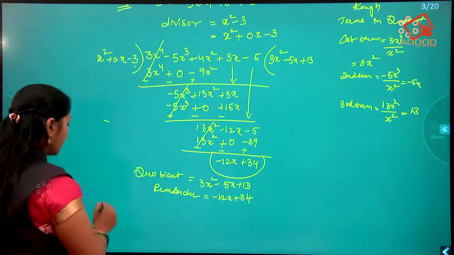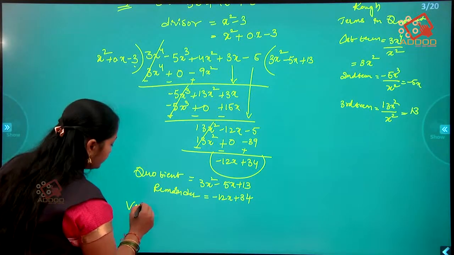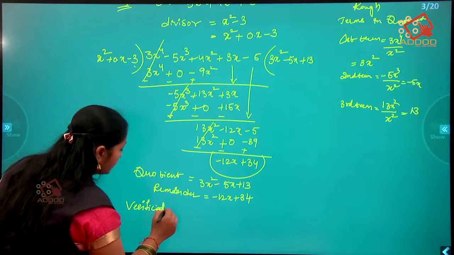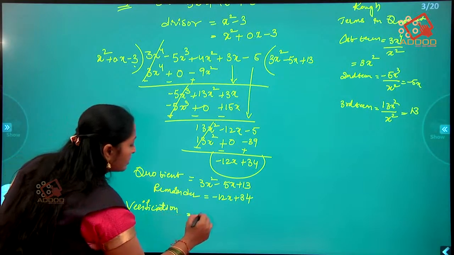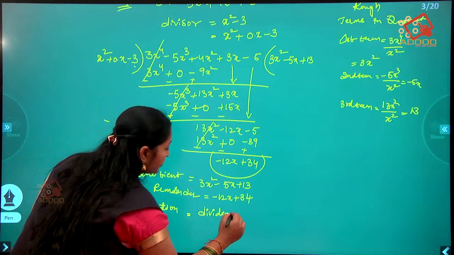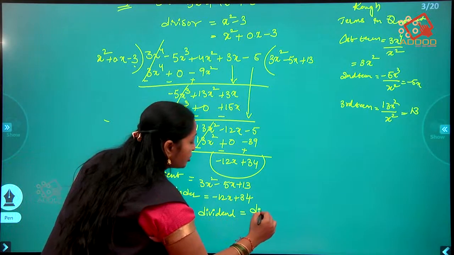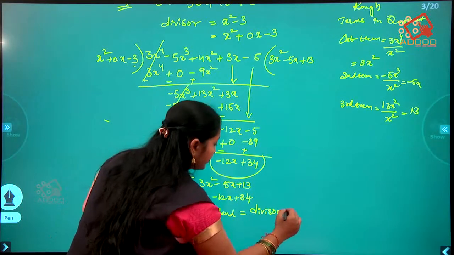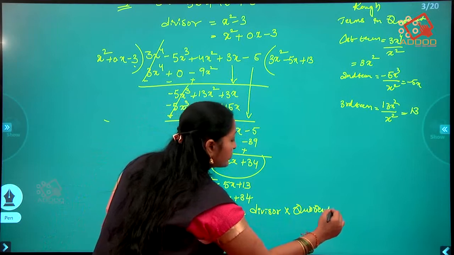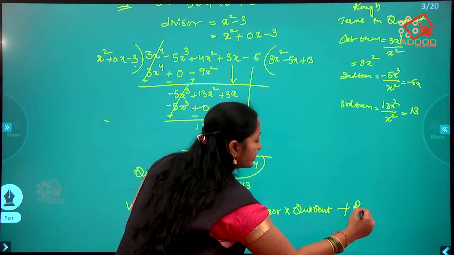For verification, dividend is equal to divisor into quotient plus remainder.